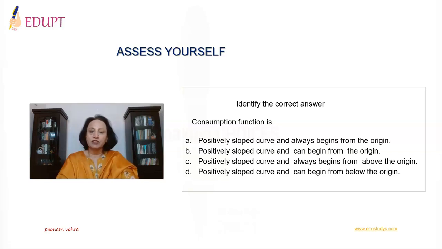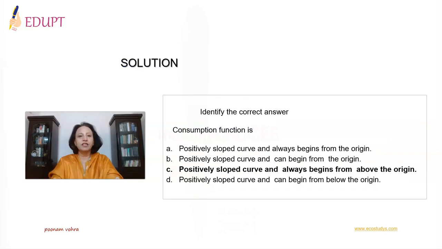C, positively sloped curve and always begins from above the origin. And D, positively sloped curve and can begin from below the origin. Please check your answer. The correct answer is option C. Consumption function is a positively sloped curve and always begins from above the origin.